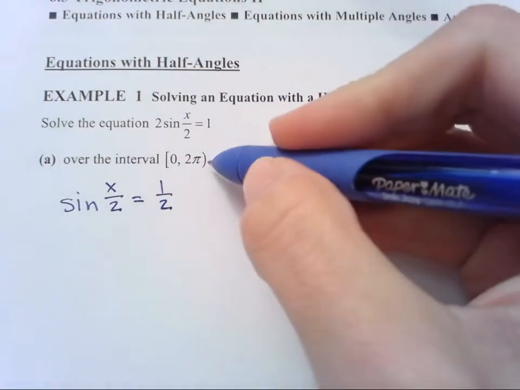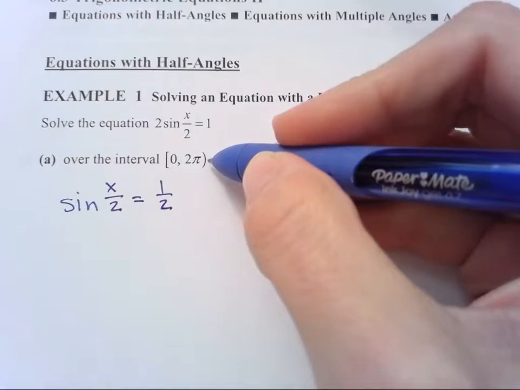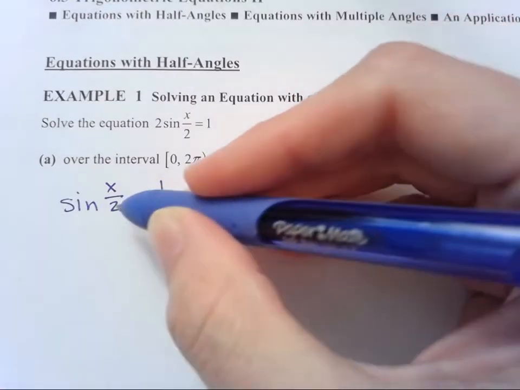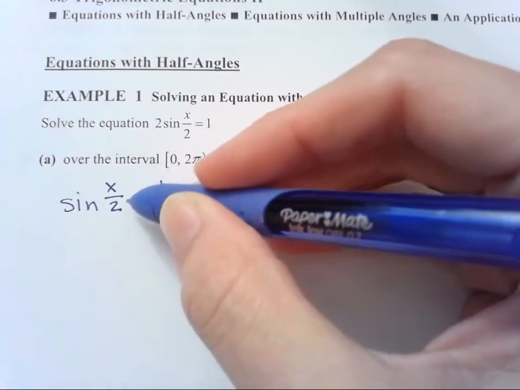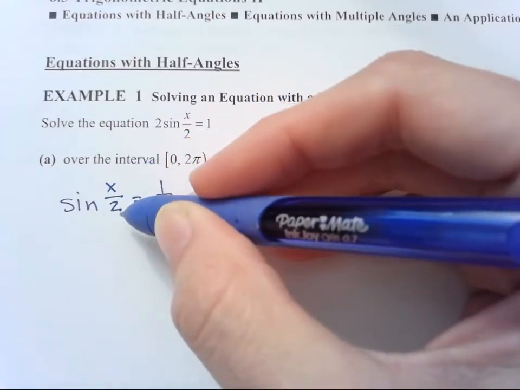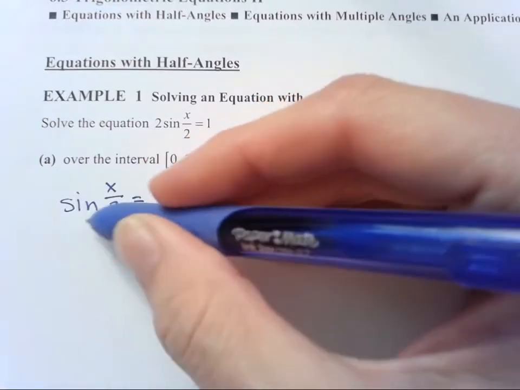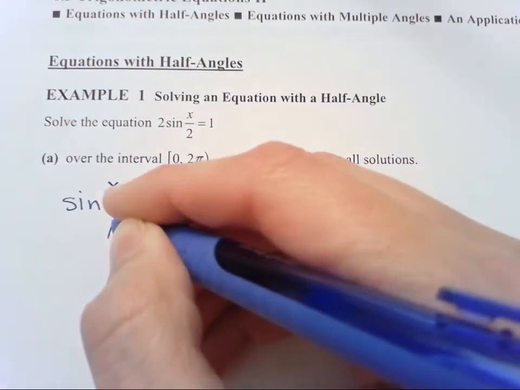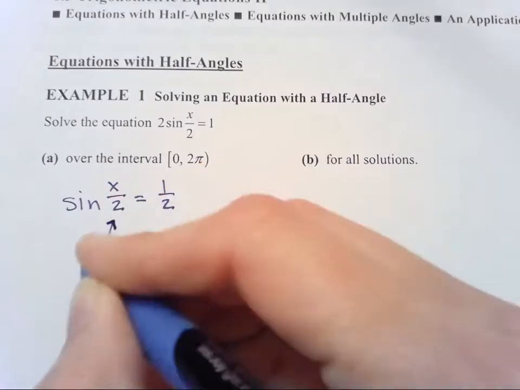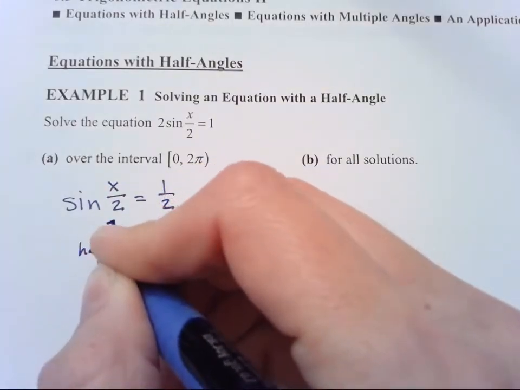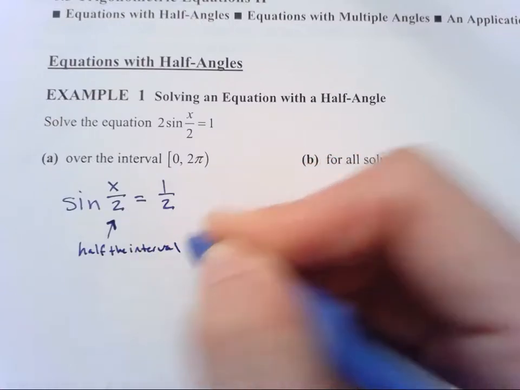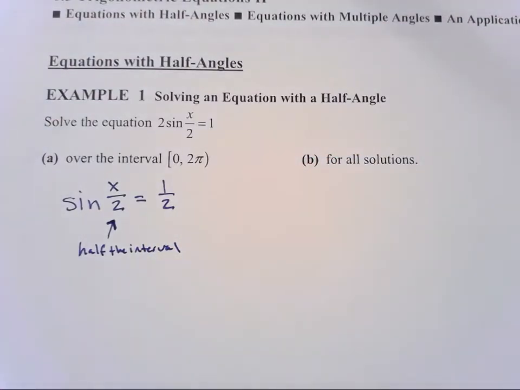Well, I'm given that the interval where x is 0 to 2 pi. But what I'm going to do sine inverse of is this expression, sine inverse of x over 2. So this means I'm only dealing with half the interval. Okay.